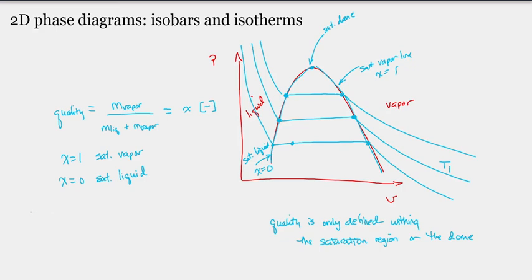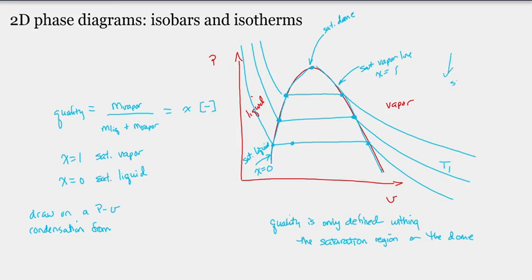So what you draw on a PV diagram is condensation from, and I'm going to use this as a teaching moment, this region here to the right of the saturation line.